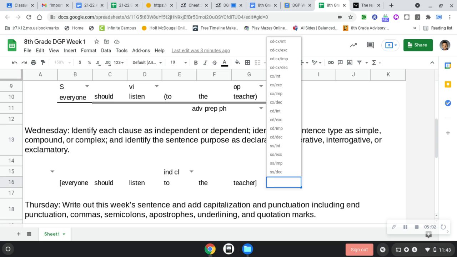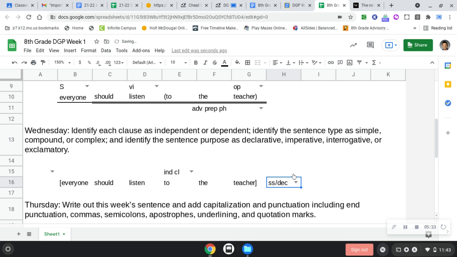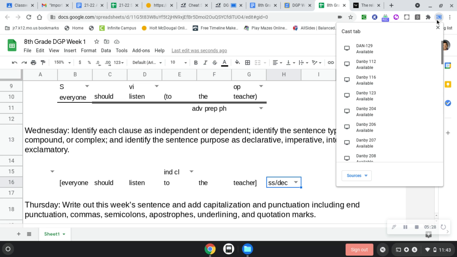Just saying should kind of weakens that a little bit, right? You sound kind of crazy. Is this a question? Everyone should listen to the teacher? No. Also sounds weird. It's just a statement. Now, are we giving a command? Are we saying everyone listen to the teacher? No. So we're looking at a simple sentence, declarative. So you would select simple sentence declarative.